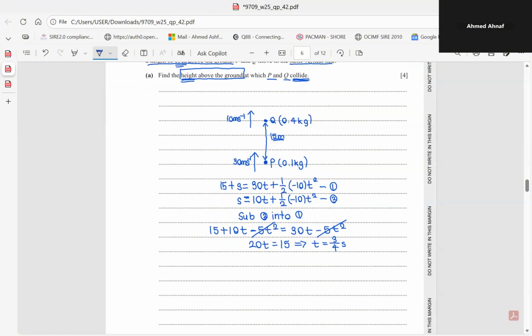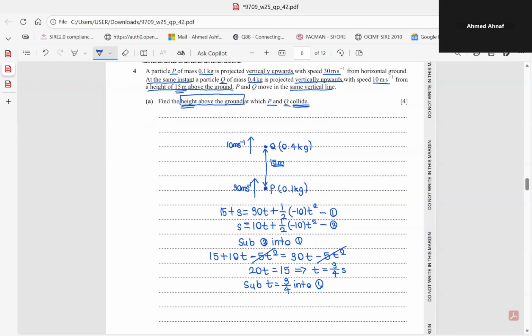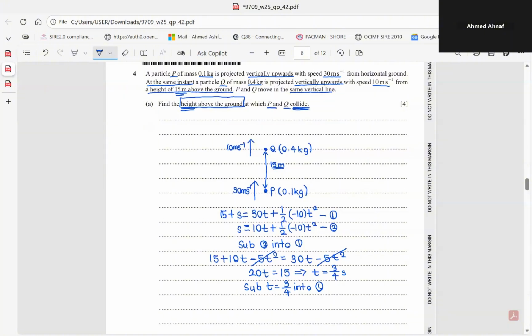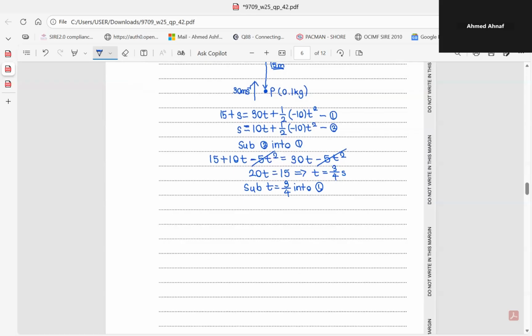And now to find the height above the ground, just sub this value back into equation 1. So we'll sub t equals 3 over 4 into 1, because they want the height above the ground, not the height traveled by Q. So the height above the ground is the height traveled by P. So 30 times 3 over 4 minus 5 times 3 over 4 squared.